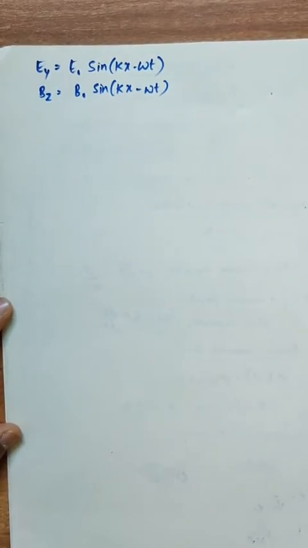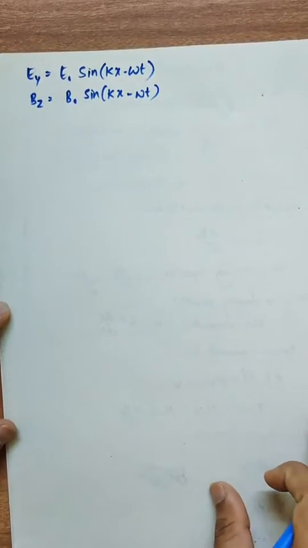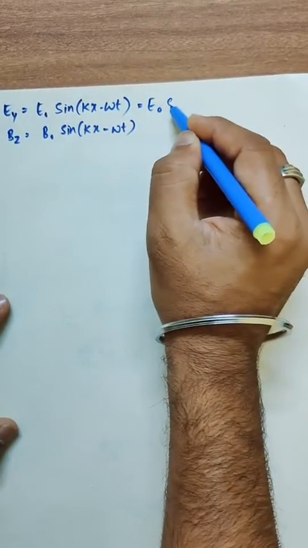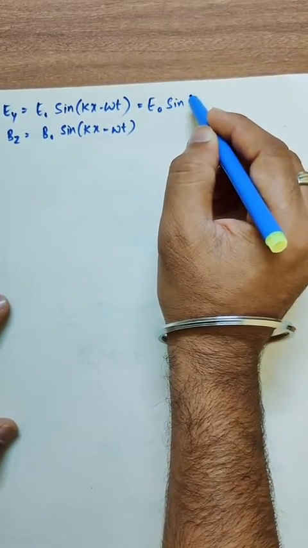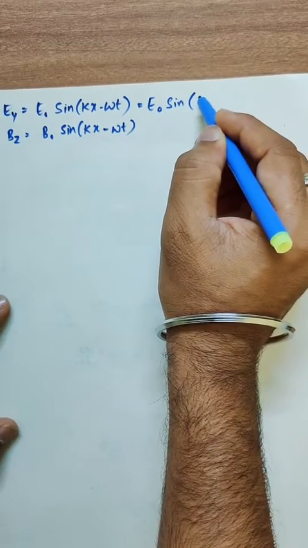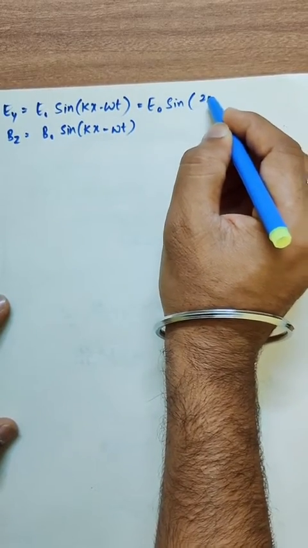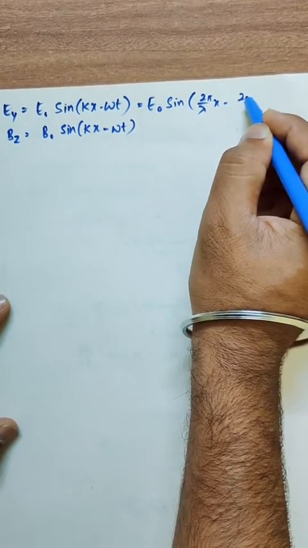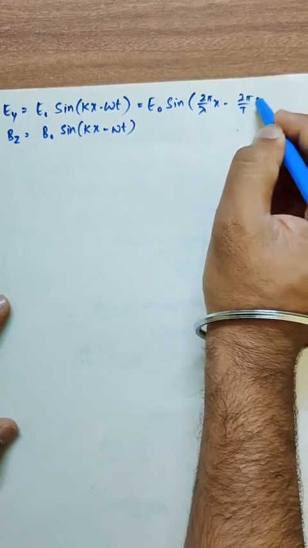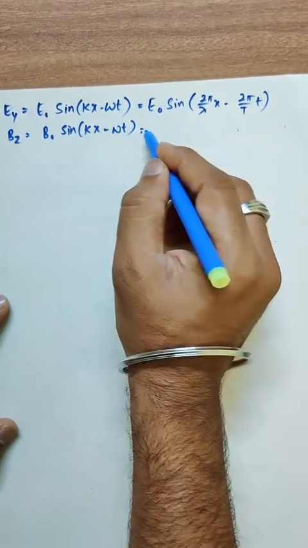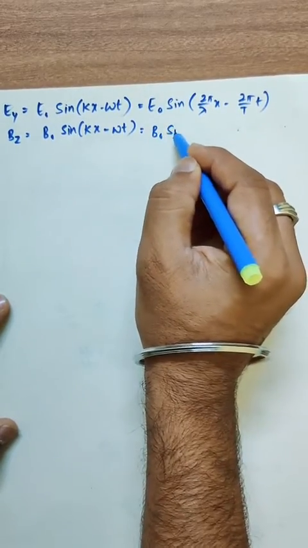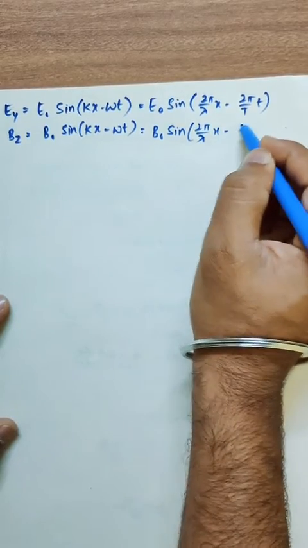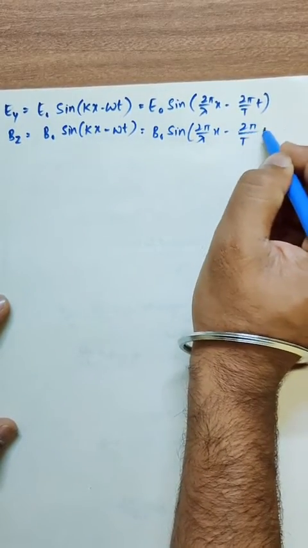This can also be written like this: E naught sine, we know that k is 2 pi by lambda, into x minus 2 pi by T into t. Similarly B naught sine of 2 pi by lambda into x minus 2 pi by capital T into t.